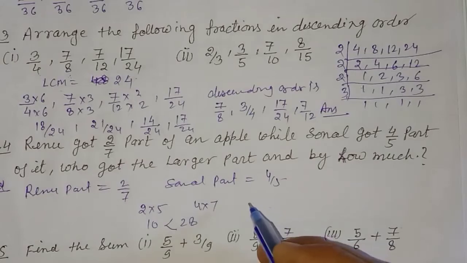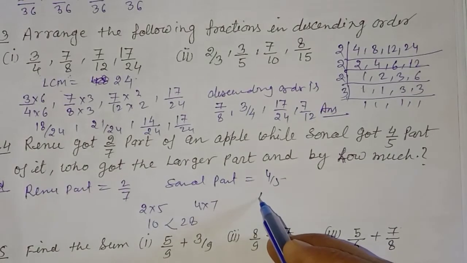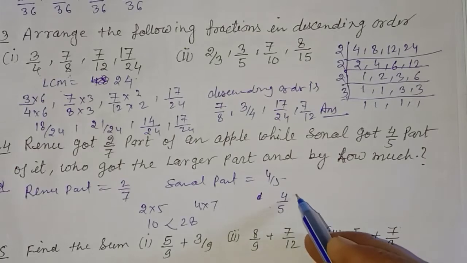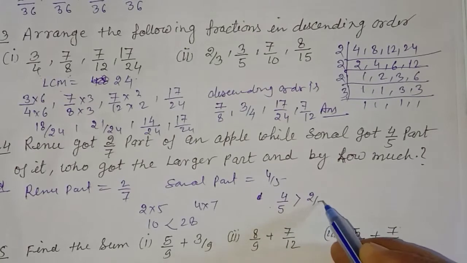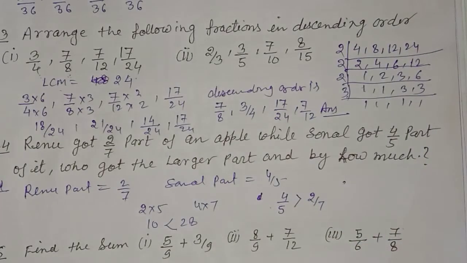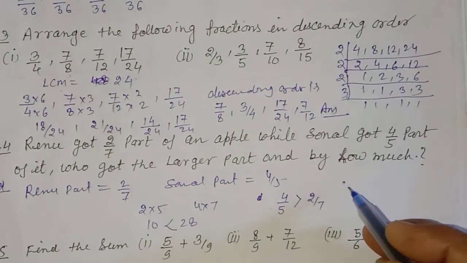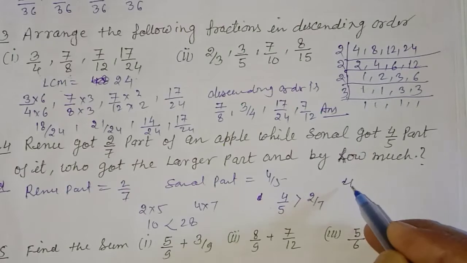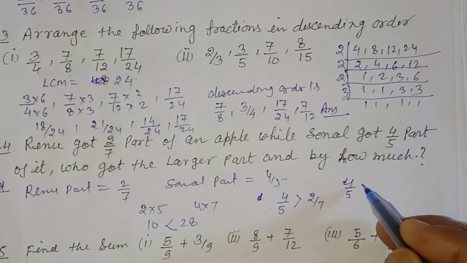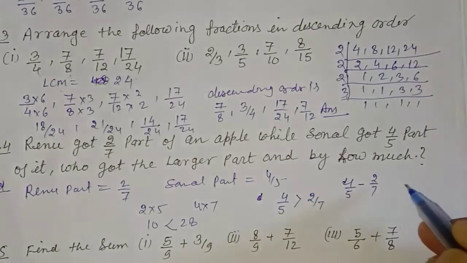So students, 4/5 is greater than 2/7. Now students, how much? So we can subtract 2/7 from 4/5.